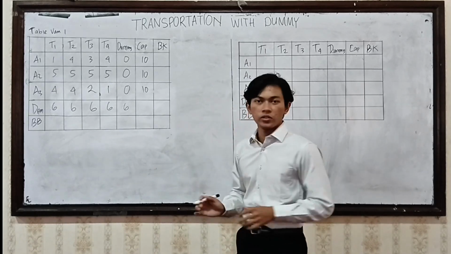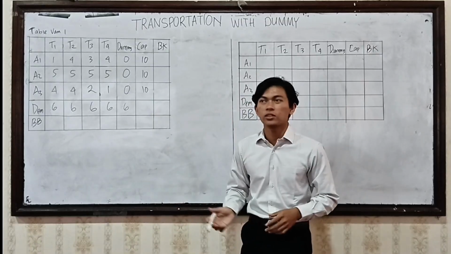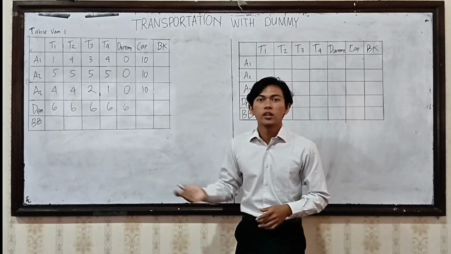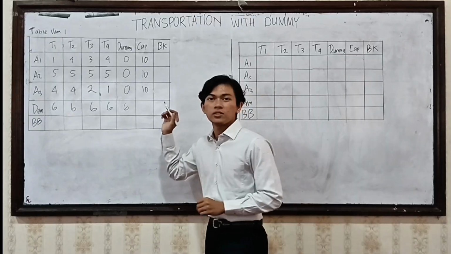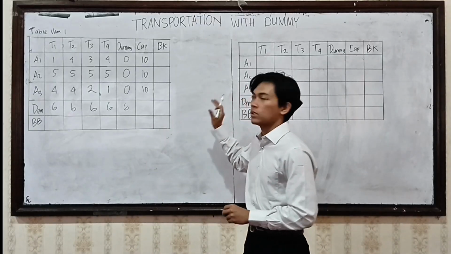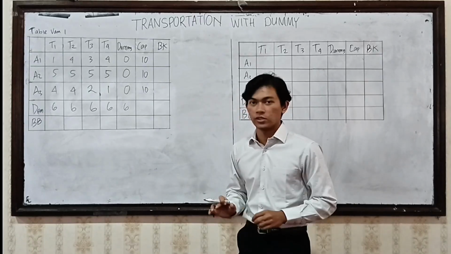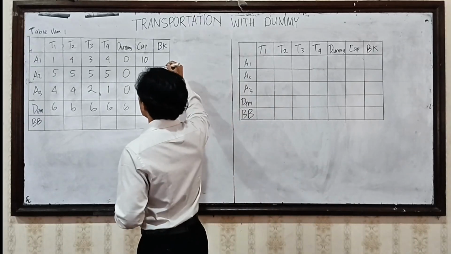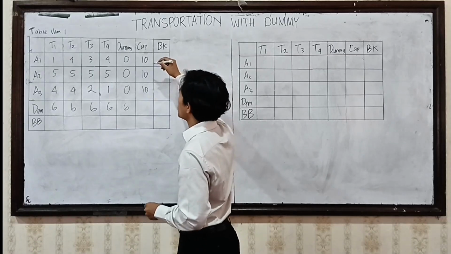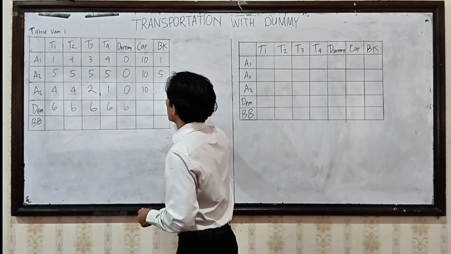Okay, I hope you know that for the initial program you need some method, same as the previous case. We use the double fund method, and based on that we must find the penalty by finding the difference between the minimum costs. From this row 1, the minimum costs are 0 and 1, so the difference is 1.